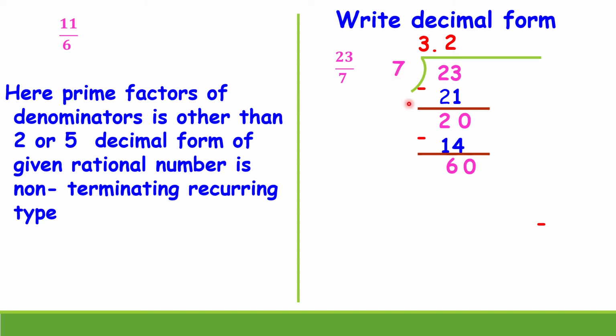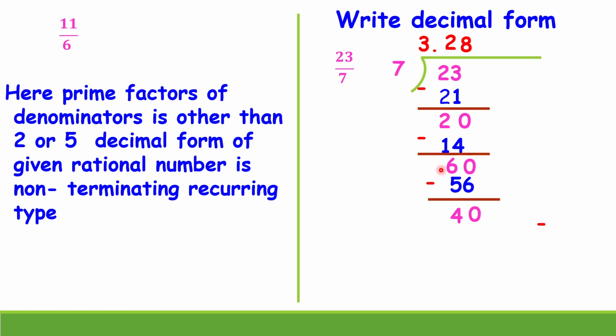Then count the table of 7 up to the number near to 60. 7 8s are 56. Therefore, 8 is the quotient. 7 8s are 56. Then subtract this 56 from 60. Then how much is remaining? 4 is remaining. Now this 4 is also less than 7. Therefore, write 0 here. Then the number will become 40.